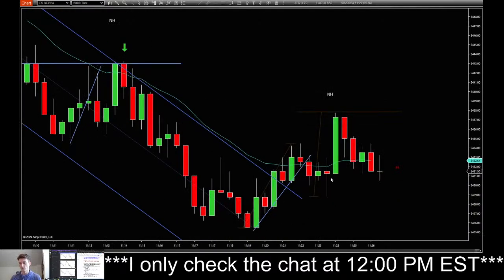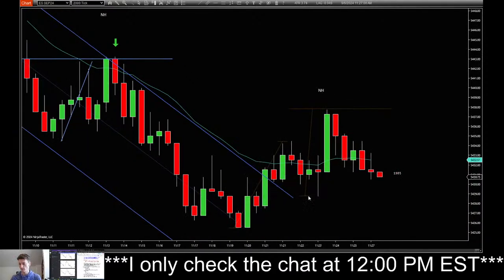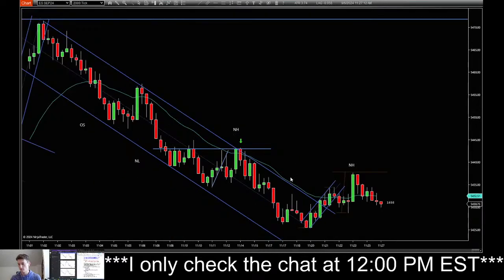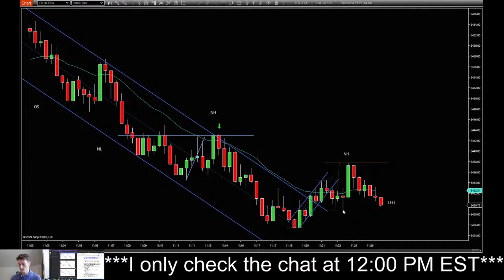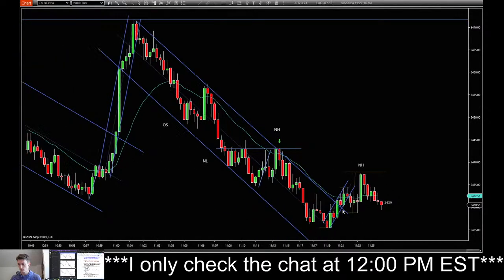New high there, uptrend break new high. And I'm going to go ahead and draw the full trend there. We are looking for a lower high, two legs up, looking for a lower high or failed second entry now.